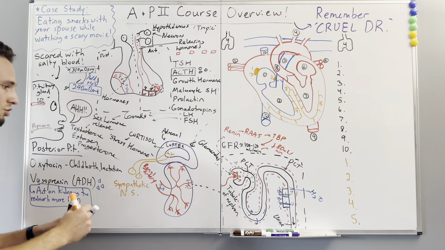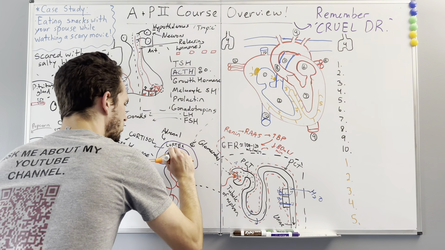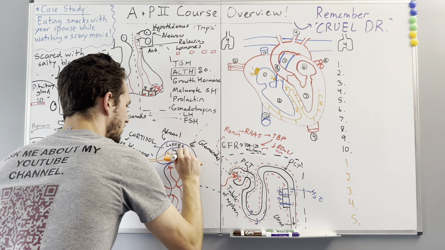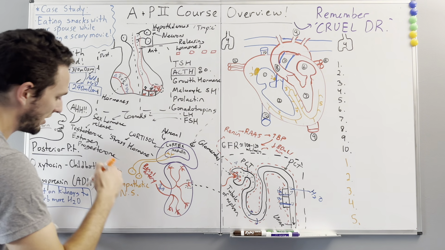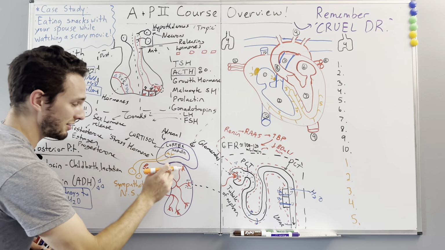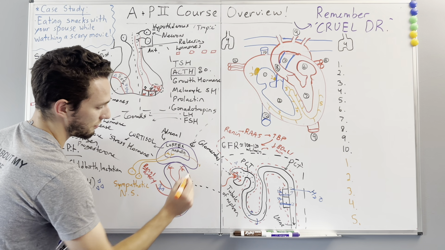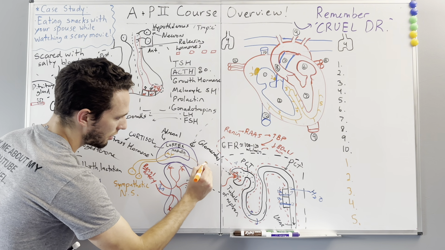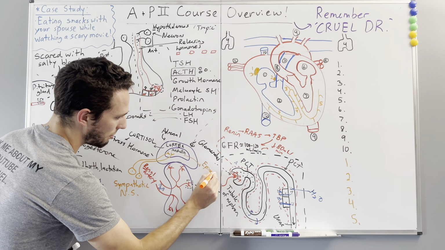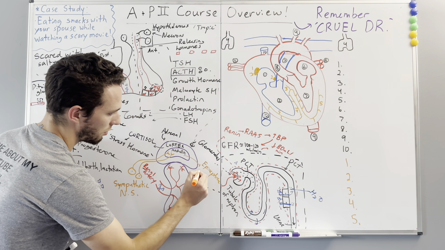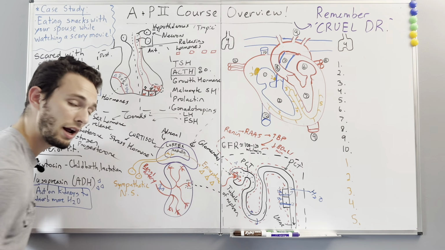So this is the adrenal medulla, the middle part of the adrenal glands. When sympathetic neurons get stimulated, they talk to the medulla, and the medulla begins producing a very important fight or flight hormone called epinephrine and norepinephrine. We're just going to stick with epinephrine. We're going to draw it as an orange triangle.